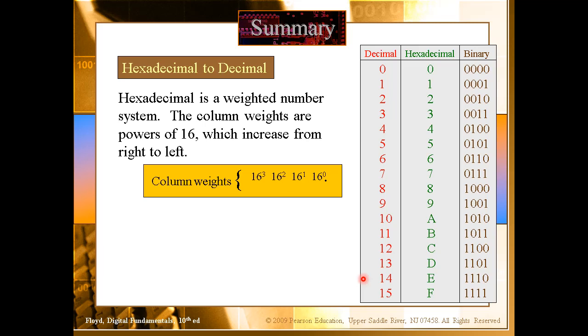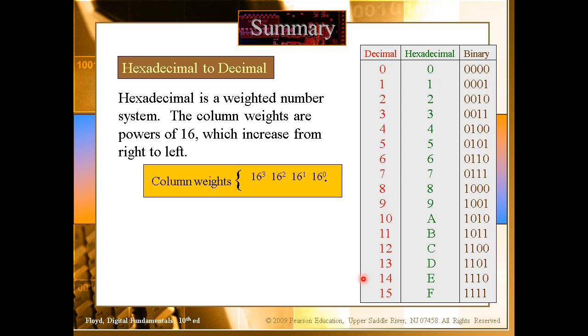Now remember again, since hex is a base 16 number system, every position has a weight just like the decimal and binary, but right now all the weights will be in terms of 16. Remember in the decimal the weights were 10 to the power 0, 10 to the power 1, 10 squared, 10 cubed. In the binary the weights were 2 to the power 0, 2 to the power 1, 2 squared.